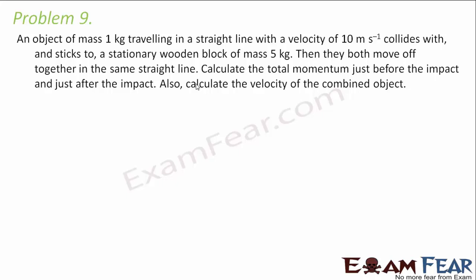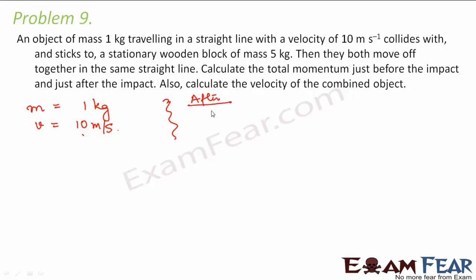Okay, so what are the values that are given here? It says that the object has a mass of 1 kg and it was traveling with a velocity of 10 meter per second. So this was the scenario before collision. Now after collision, what happens?